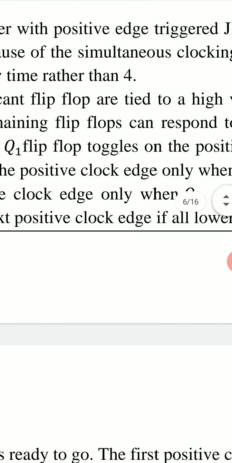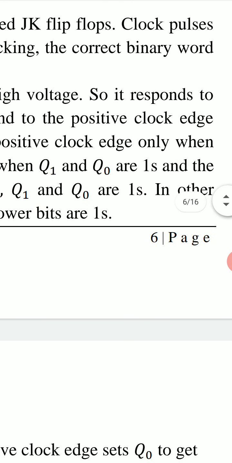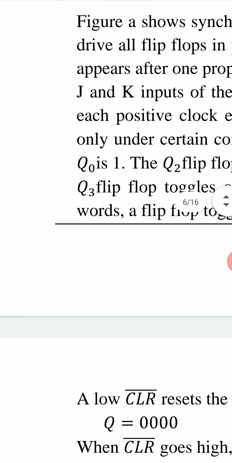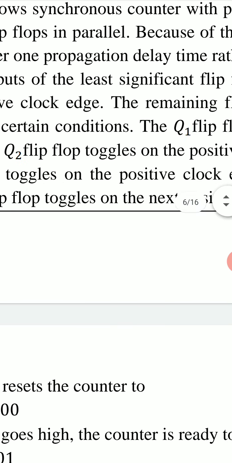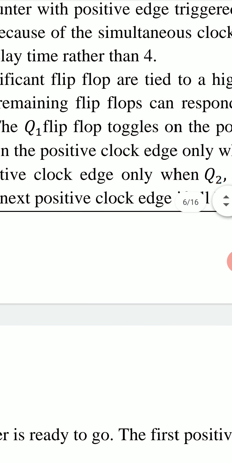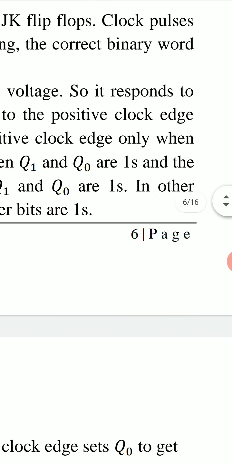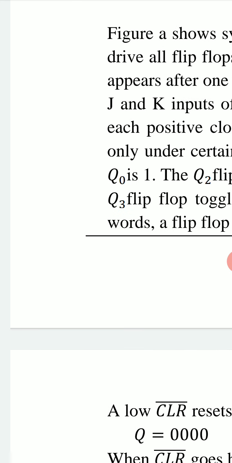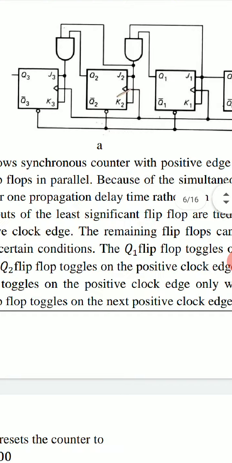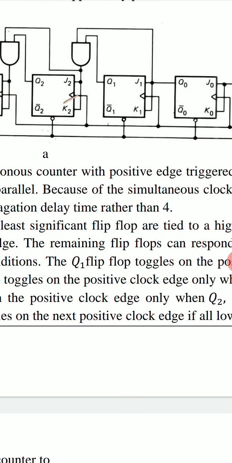The remaining flip-flops can respond to the positive clock edge only under certain conditions. The Q1 flip-flop toggles on the positive clock edge only when Q0 is 1. When Q0 is 1, the next flip-flop having output Q1 will toggle.